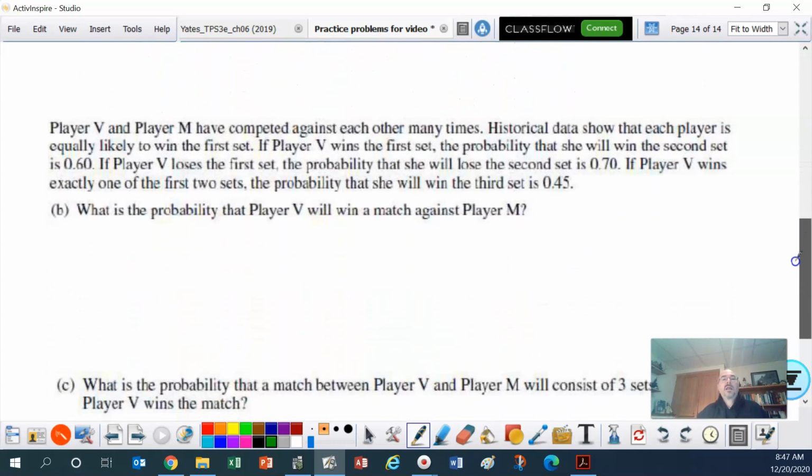So what's next? Player V and player M have competed against each other many times. Historical data show that each player is equally likely to win the first set. If player V wins the first set, the probability that she will win the second set is 0.6.